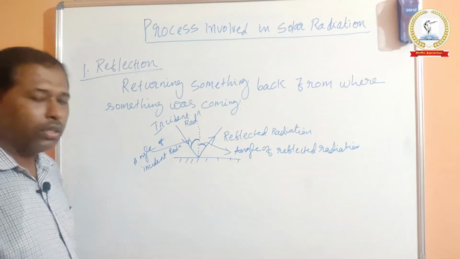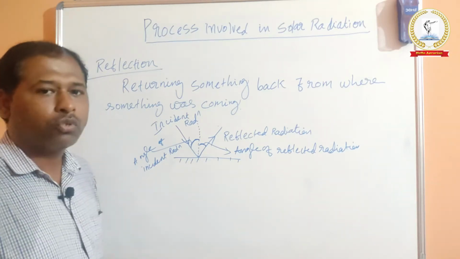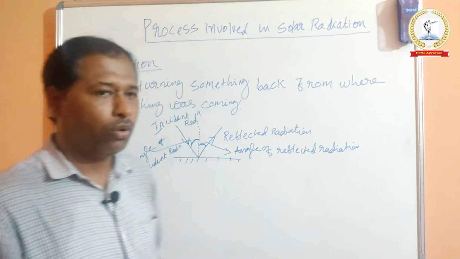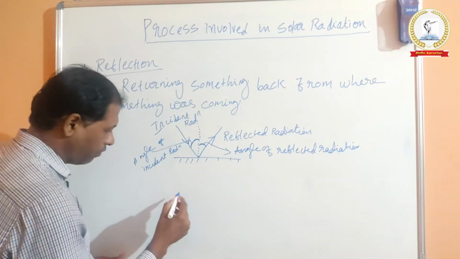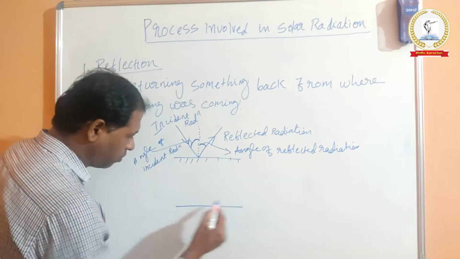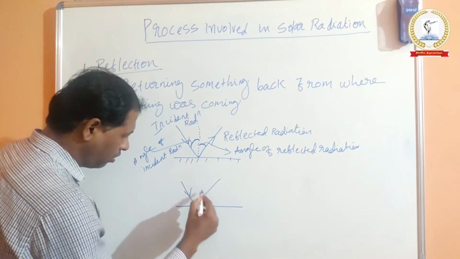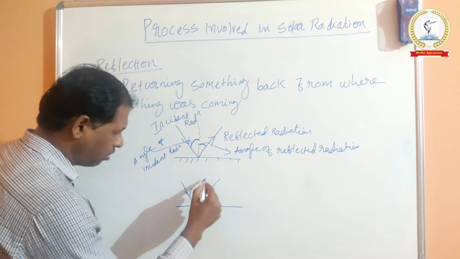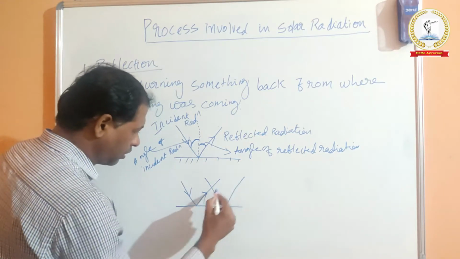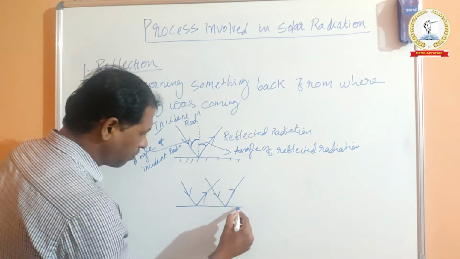A smooth or relatively smooth surface shows specular reflection. So when solar radiation falls on a smooth surface, it shows specular reflection.